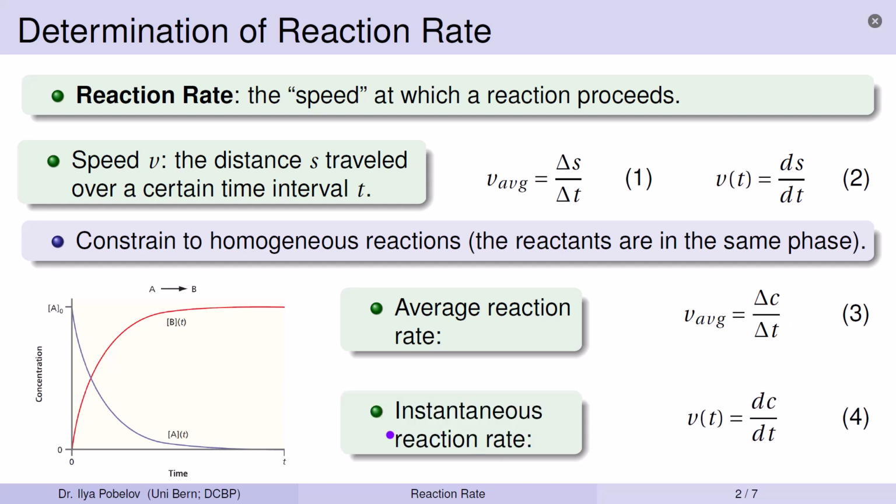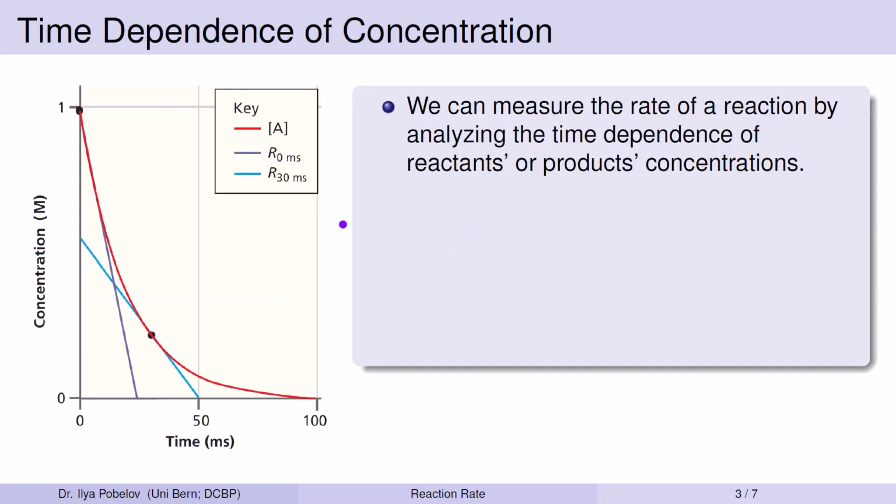To find the instantaneous reaction rate, we look at the derivative of concentration with respect to time, dC over dt, at a particular moment. We can measure the rate of a reaction by analyzing the time dependence of reactants or products concentrations. Consider this figure as an example.